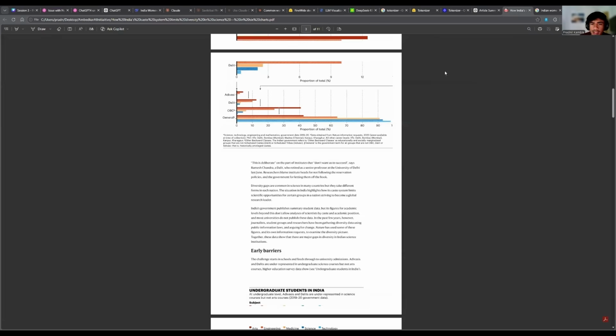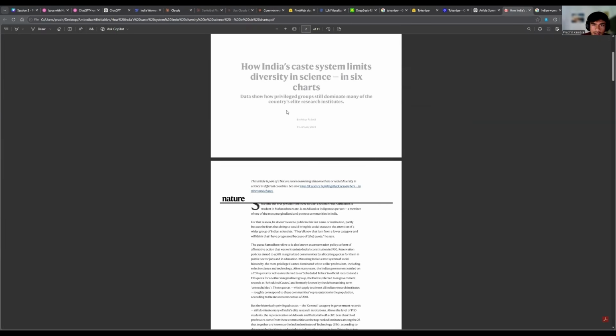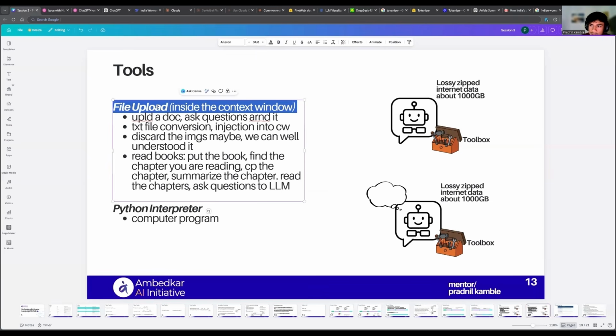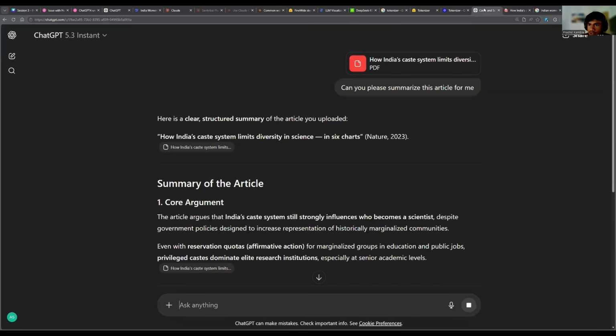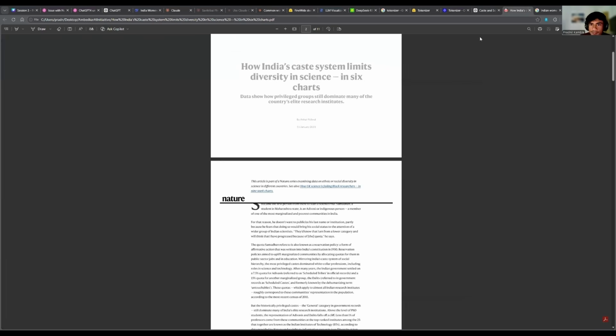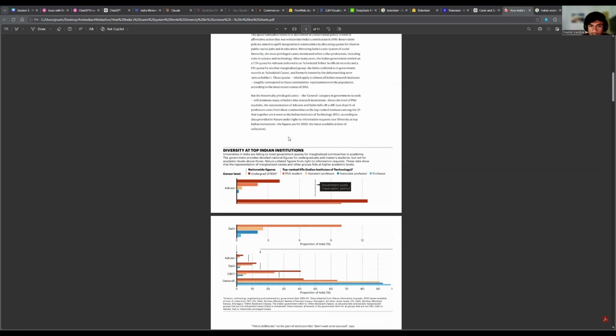Okay, I've done that. What ChatGPT is doing now is taking this file, because we can upload files to it, and this is one of the tools. Interestingly, when the file is uploaded, all of the data inside this file, especially the written data, not the images, is loaded.